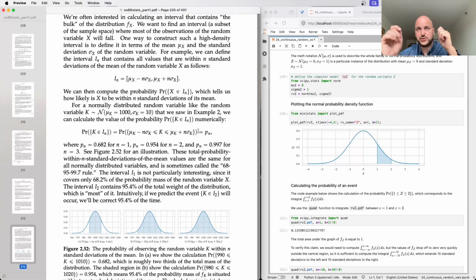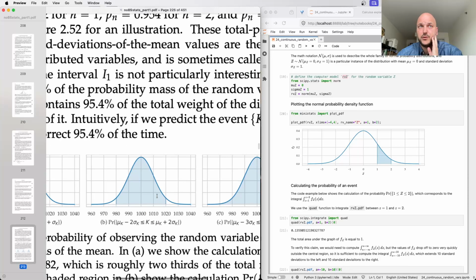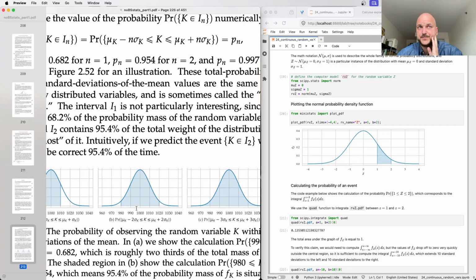For the normal distribution, if you go 2 steps, so this is the mean of the distribution, and this is 1 standard deviation, 2 standard deviations, and if you go 2 standard deviations to the right, that interval contains 95% of the distribution, of the mass, of the probability. So most outcomes, 95.4% of outcomes of the random variable k will fall somewhere in that blue region.